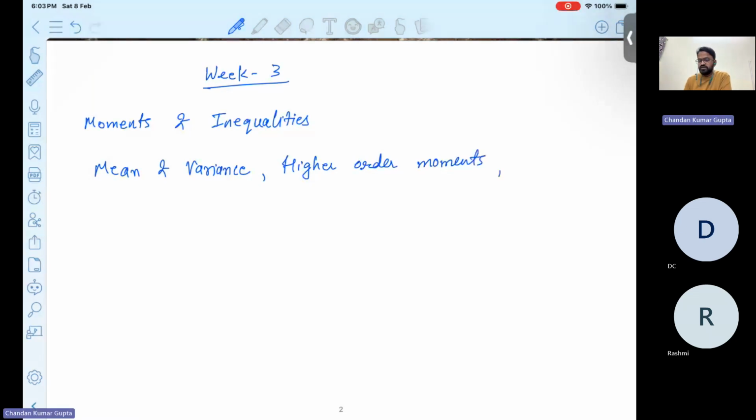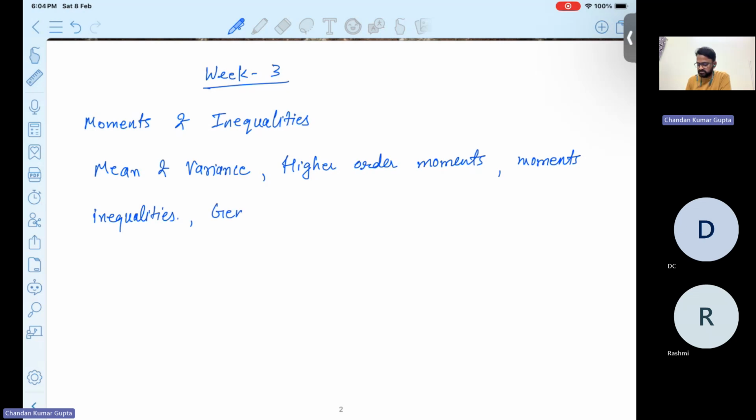There are also some inequalities. We will discuss the meaning of inequalities. They mainly give bounds, either upper bounds or lower bounds, and they involve the moments. That's why they are called moment inequalities.